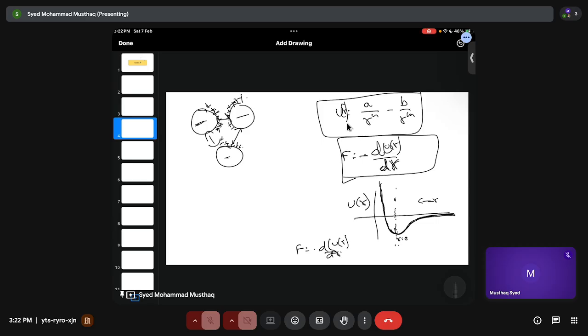Now, what we use are coagulants. What are coagulants?